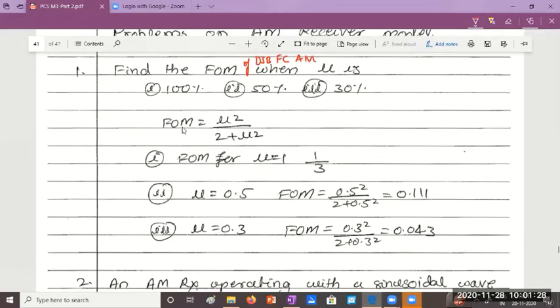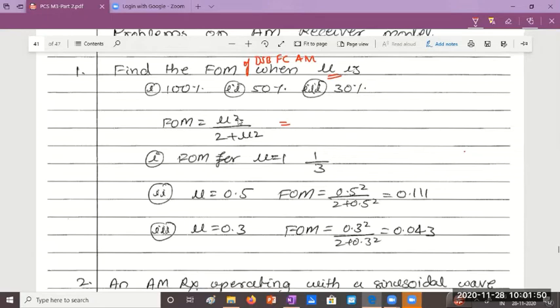We know the figure of merit of standard AM for single tone signal. Why are we using single tone? Because they have given us the value of mu. So for a single tone signal we know, even if it is multi-tone, I can use the same equation. It won't change.